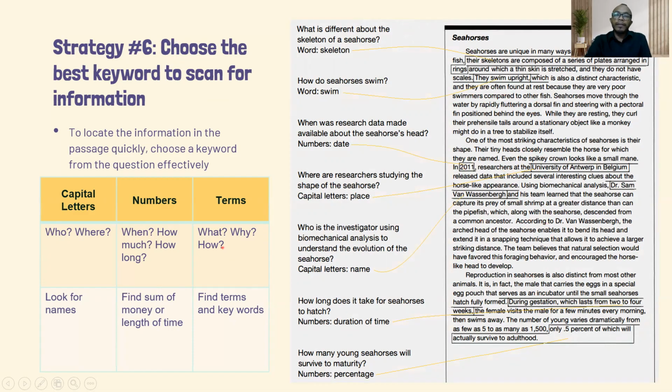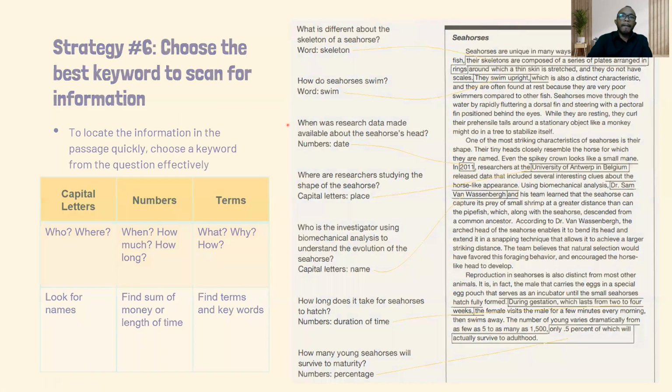And finally, if the questions are using what, why, or how, then this usually requires you to combine the keyword with a key part in the question. For example, here for the question what, you can pair it with skeleton, okay, as the keyword to help you find and locate the information.